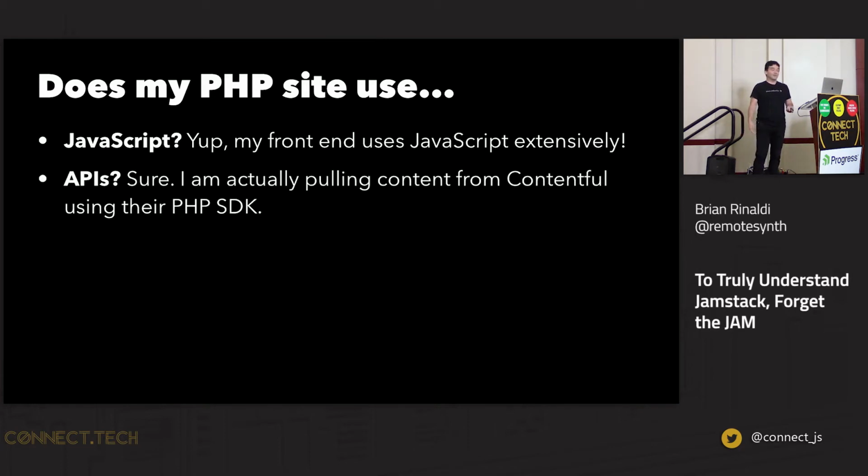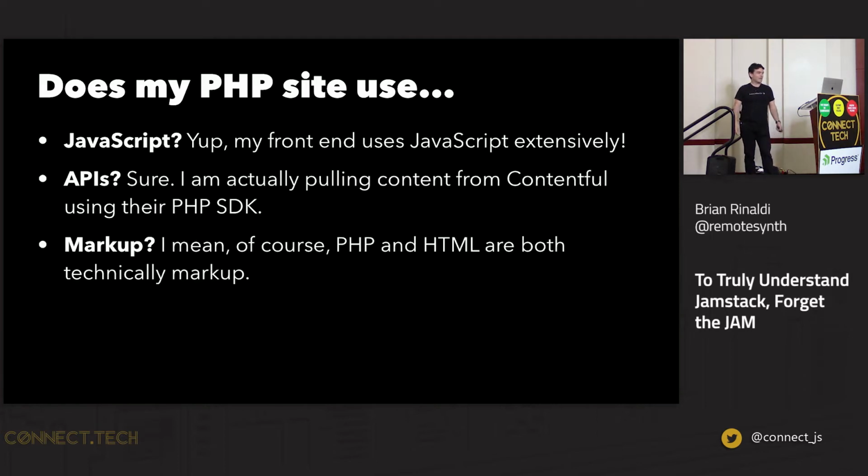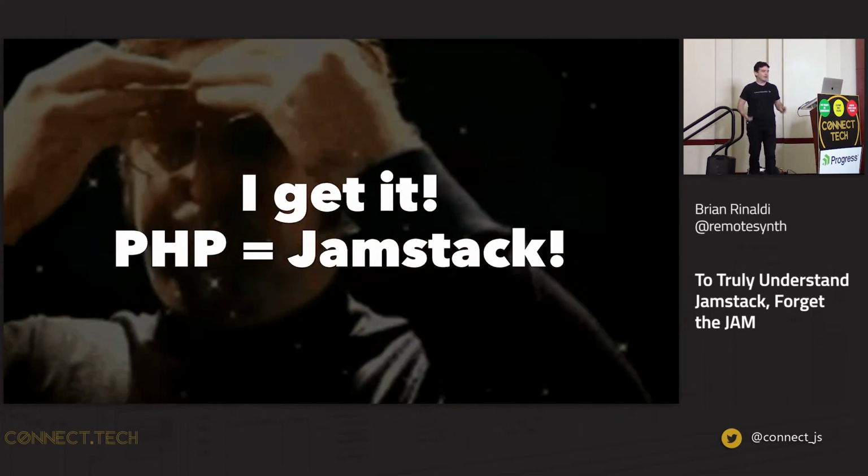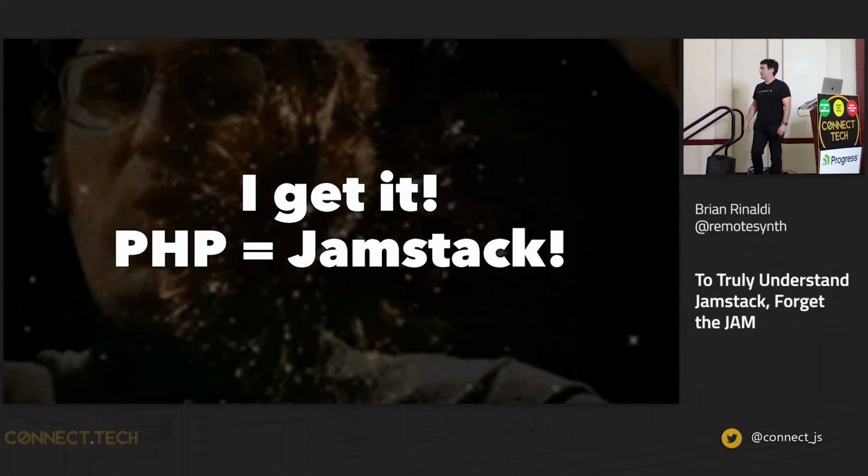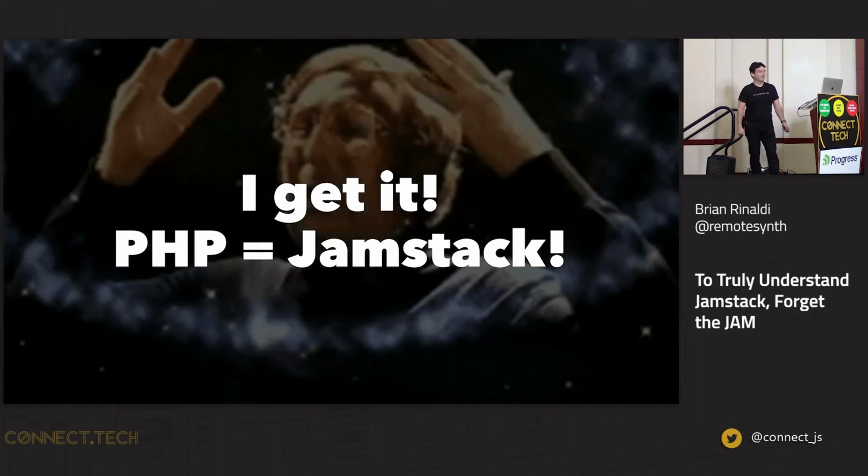Does it use an API? Sure. I'm actually using the Contentful PHP SDK to call their API and get content from it. Does it use markup? Yeah, PHP is markup, HTML is markup. So I get it. PHP is Jamstack, right?